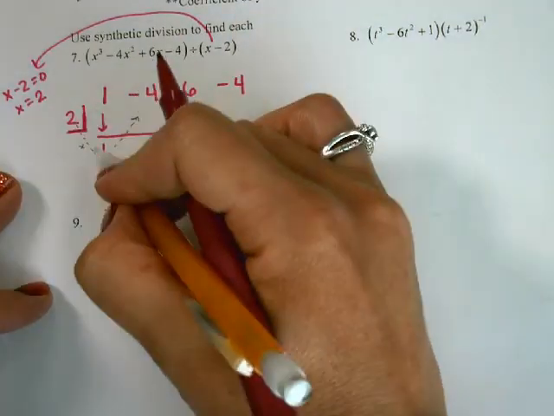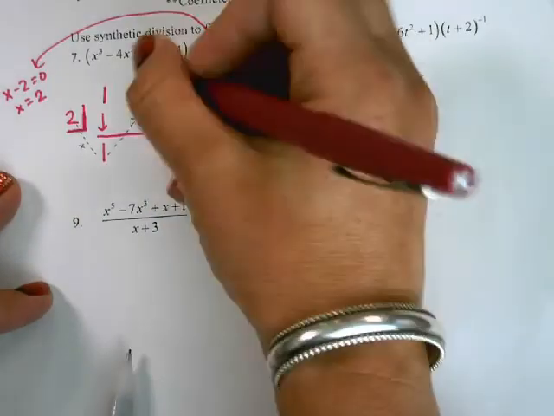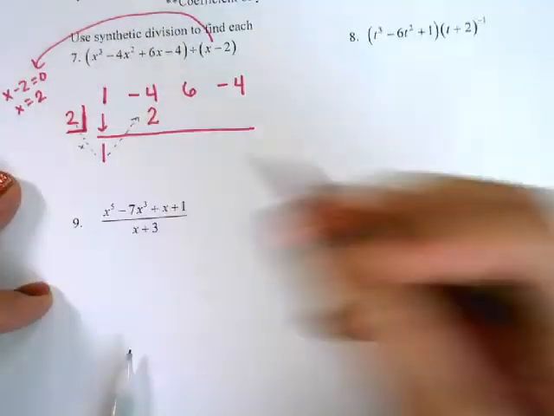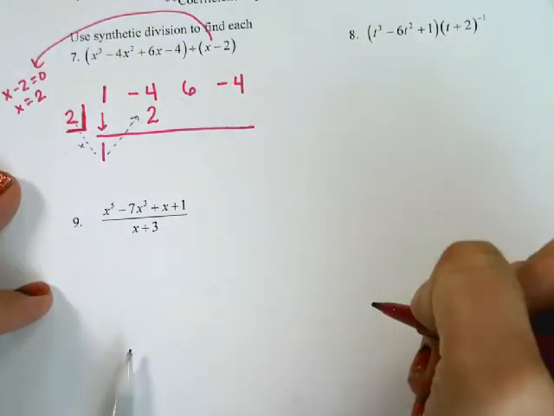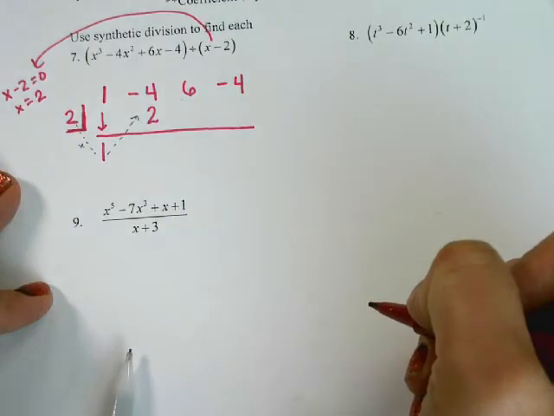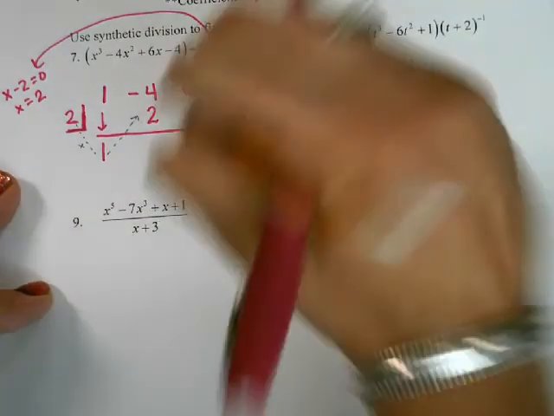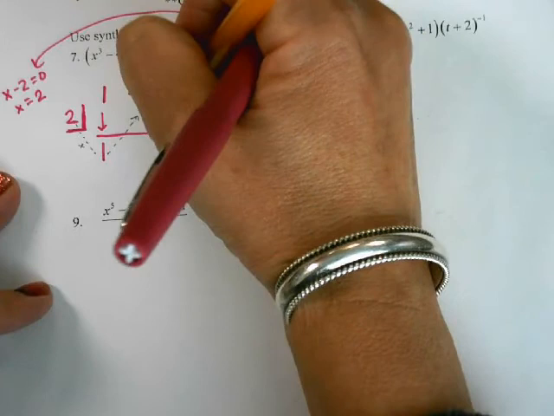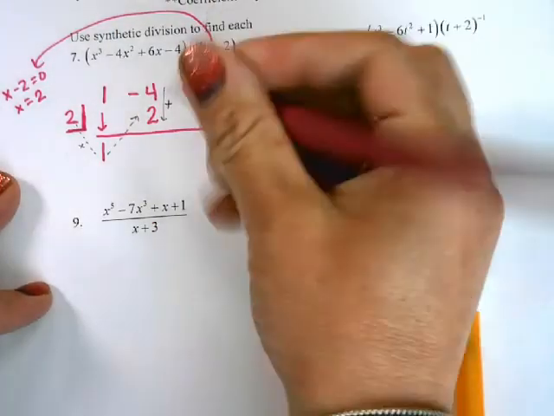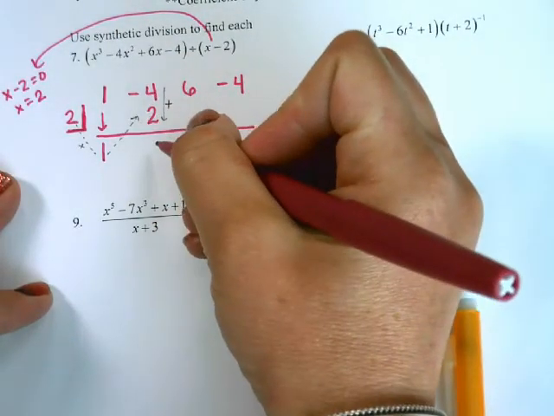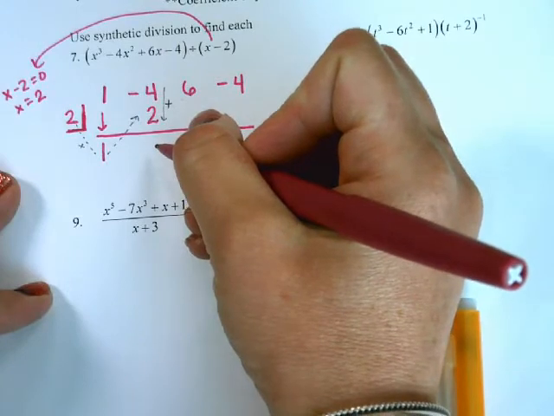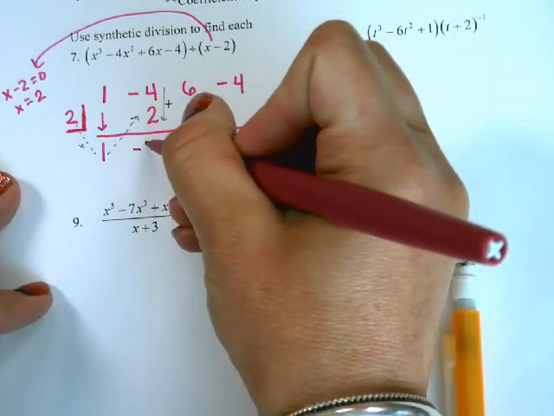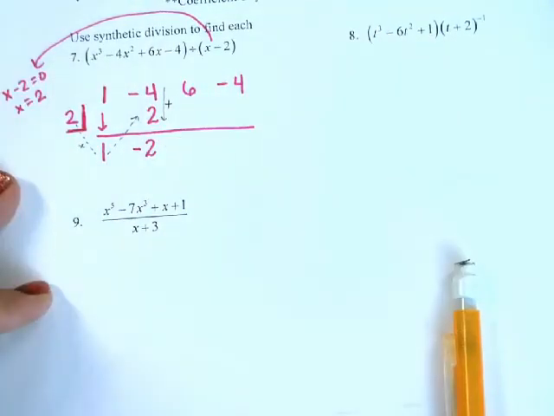So 2 times 1 gives me 2. Then I'm going to add down. -4 plus 2 gives me -2.